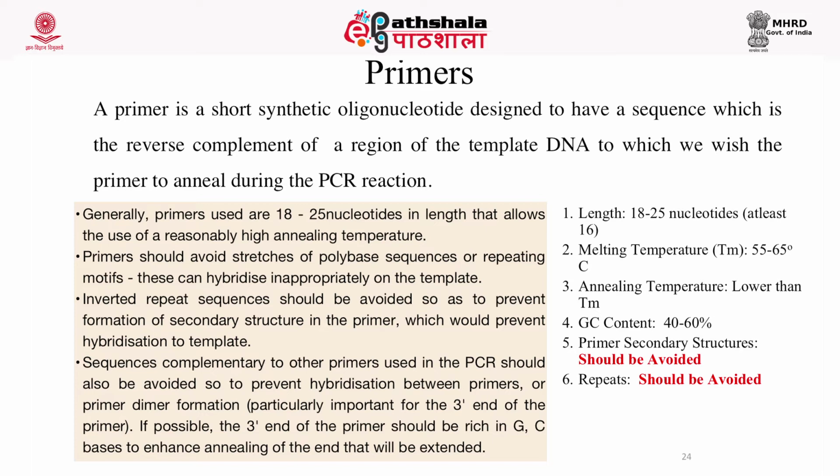Also, we should avoid inverted repeat sequences so as to prevent formation of secondary structure in the primer. Sequences complementary to other primers used in the PCR should also be avoided. If possible, the 3' end of the primer should be rich in G and C bases to enhance annealing of the end that will be extended.